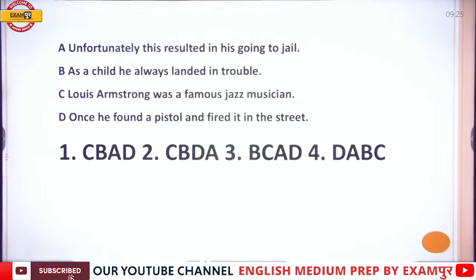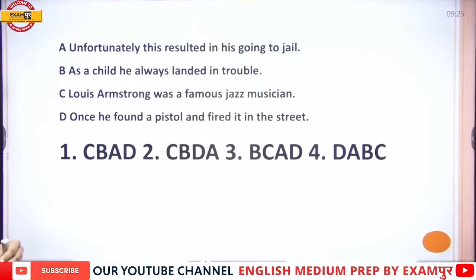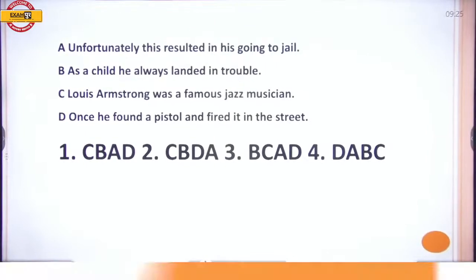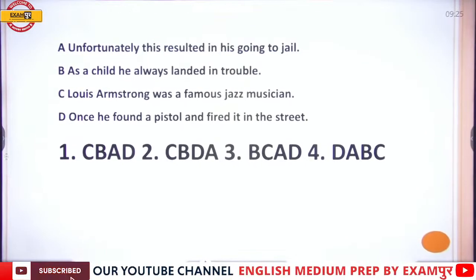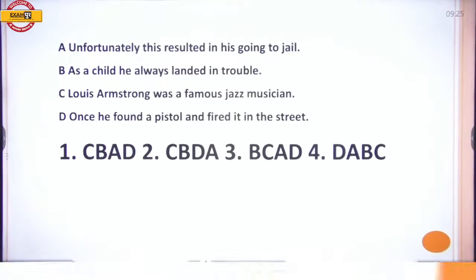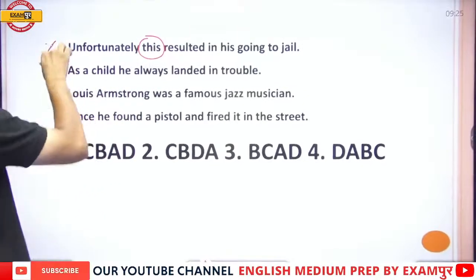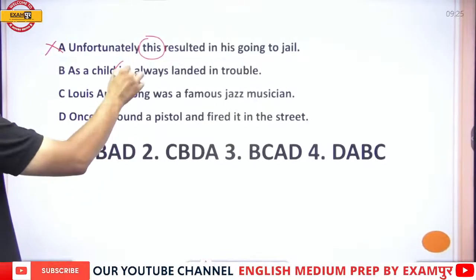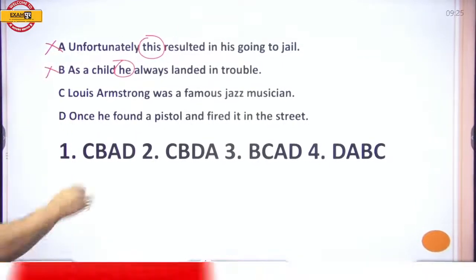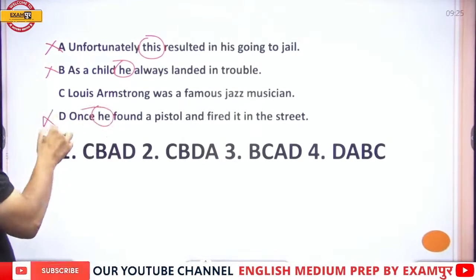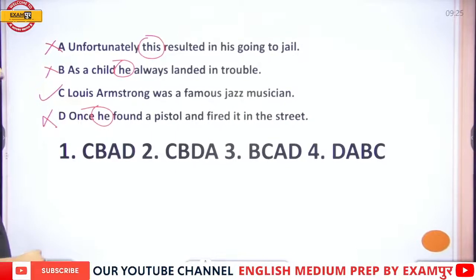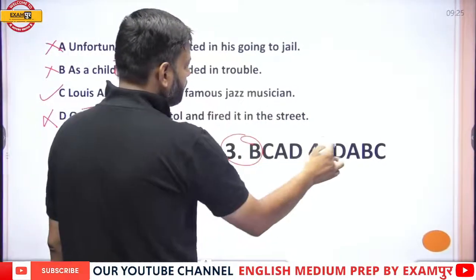Once you get the first sentence, questions become very easy. So here we have this dependent word, so it cannot be the first sentence. Here we have he, which cannot be the first sentence, and again in D we have he, which cannot be the first sentence. So the first sentence is C. So eliminate all other options.